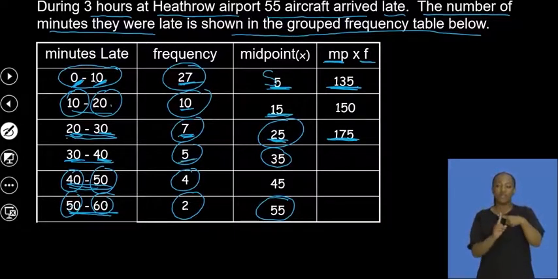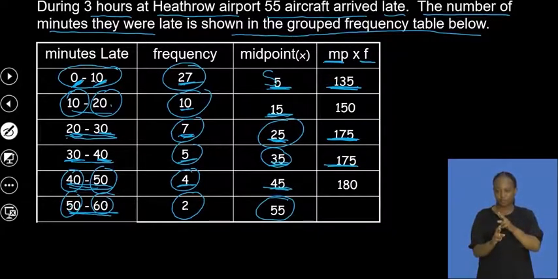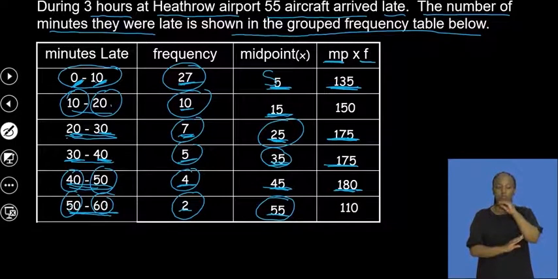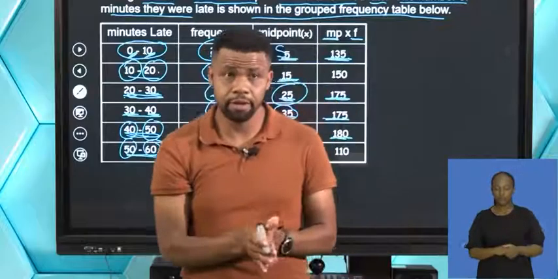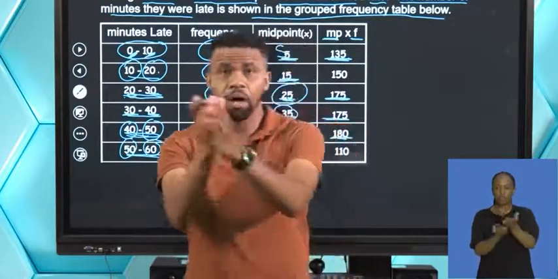Then 5 times 35, we get 175. And 4 times 45, we get 180. And 2 times 55 is 110. Now we have midpoint multiplied by frequency.